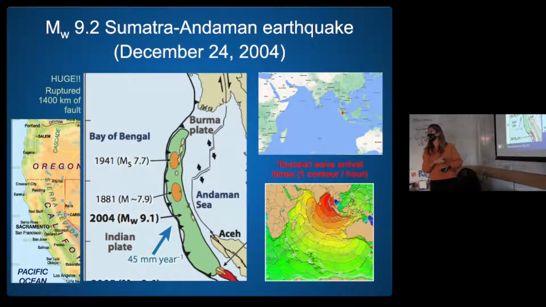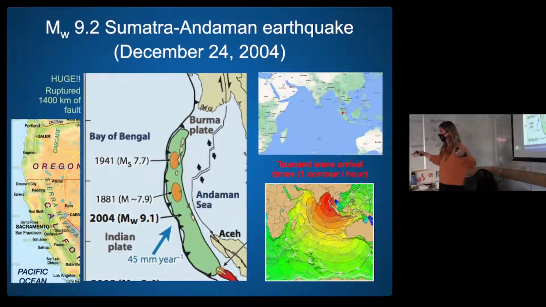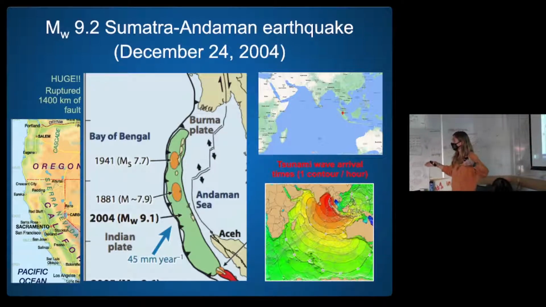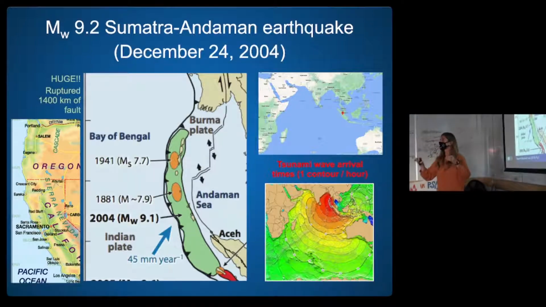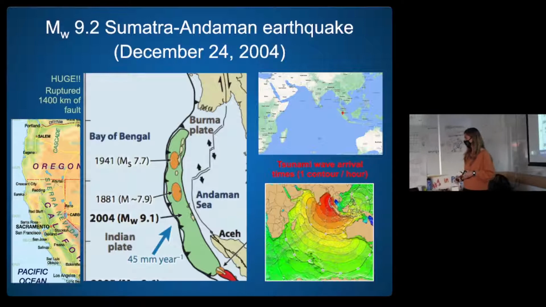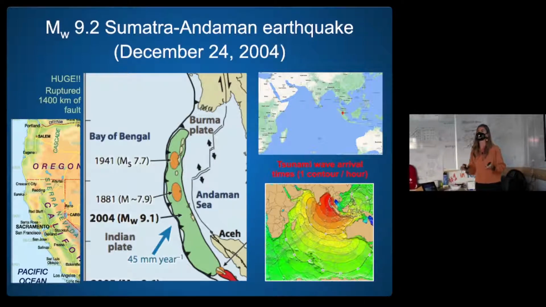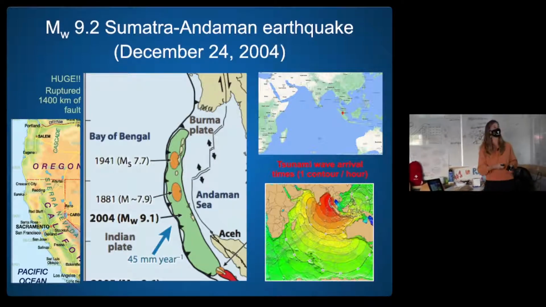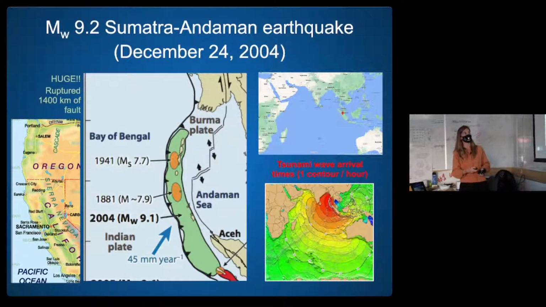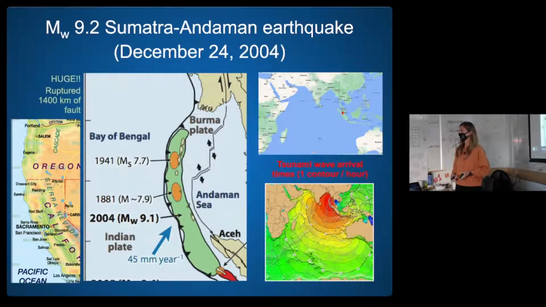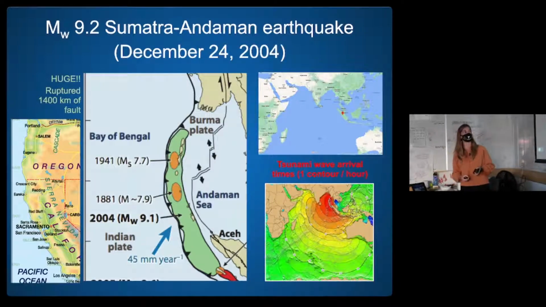This green blob shows us in map view the length that slipped during this earthquake, okay? This is 1,400 kilometers, all right? Not 1,400 meters, but 1,400 kilometers of land moved during this earthquake. So that is the distance from Los Angeles up to Portland. Okay, a huge amount of land.